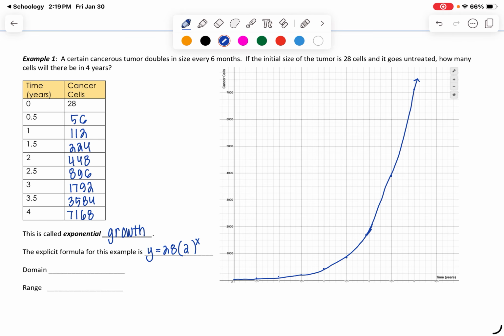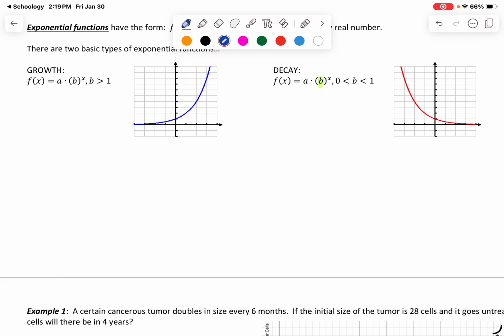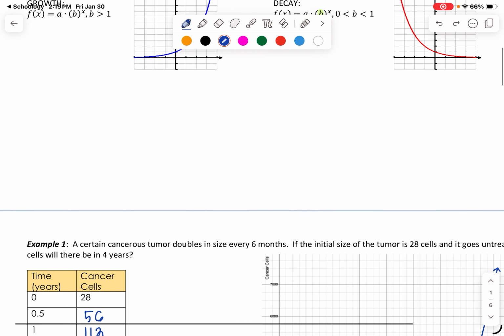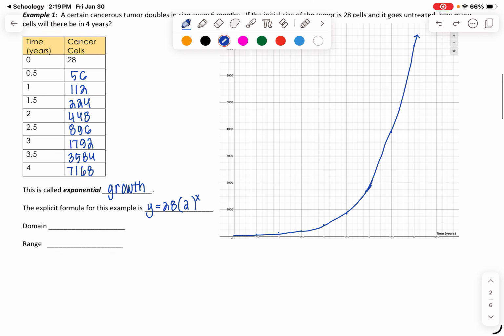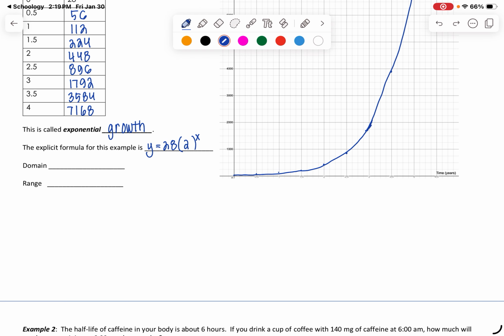This is an example of exponential growth, where we were multiplying by 2 every single time, but the curve looks like this, right? Your y values are increasing. Okay, so we also want to do the domain. If this went forever to the left also, if it didn't have any context to the problem, it would be negative infinity to positive infinity, but this starts off at 0, an x value, and then it goes forever.